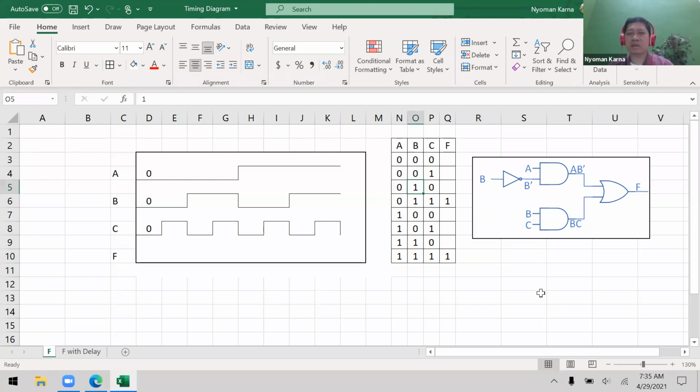This is A is 1, and B is 0, so the output will become 1. And this will also become 1. Okay, so the rest is 0.